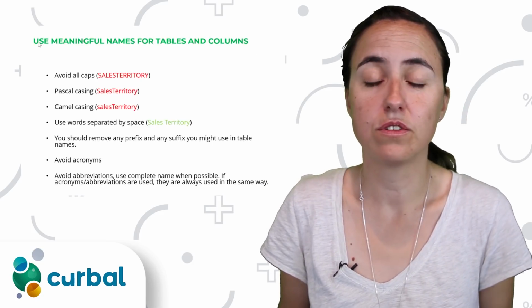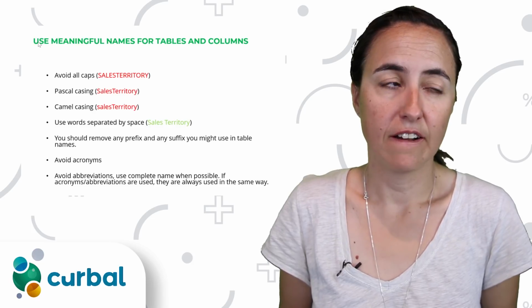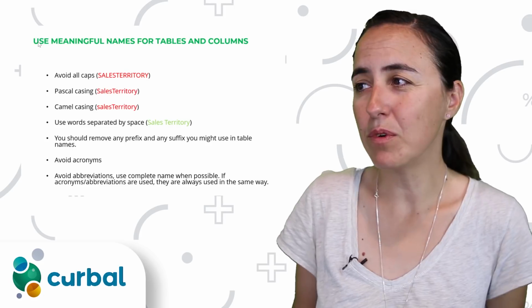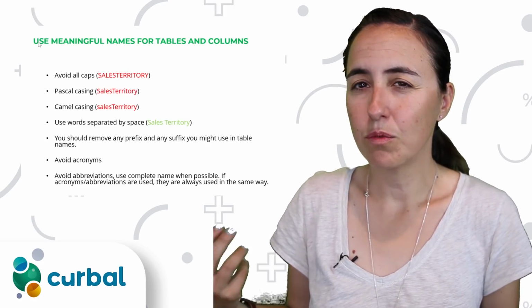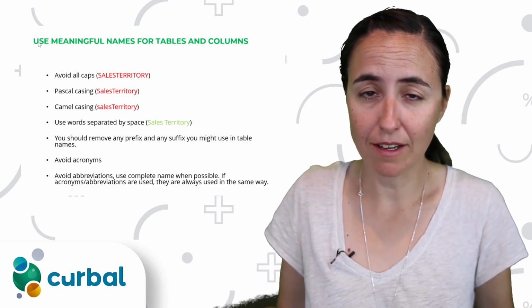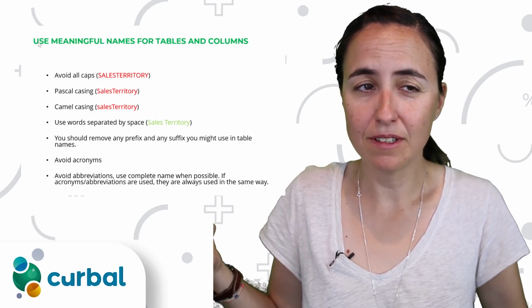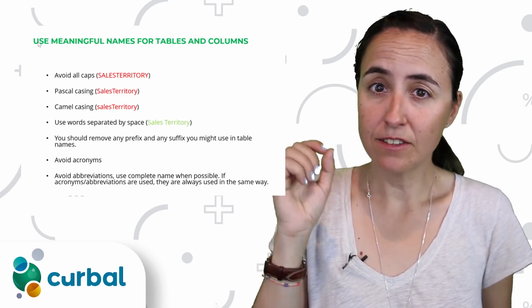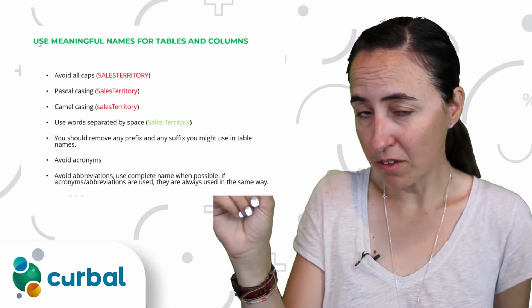Acronyms, don't use them. I mean, you always have the thing that, okay, if the business uses them, maybe it's okay, but I'm always thinking, what if you have new employees, which hopefully you have all the time? Why make it difficult for them? The good thing now is that you can actually document the columns and the measures.